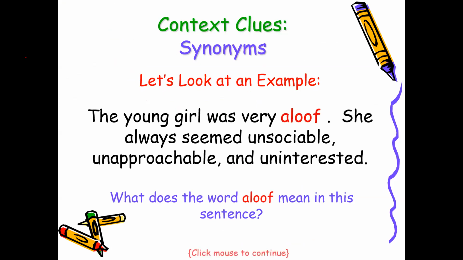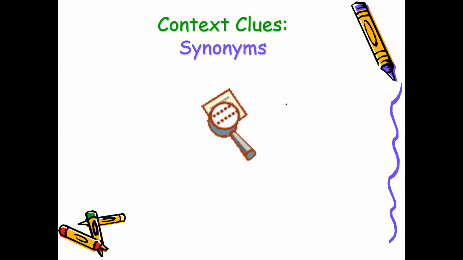So in this example, the word aloof might sound unfamiliar, but if you read the whole sentence, the young girl was very aloof. She always seemed unsociable, unapproachable, and uninterested. When you think about it, you might not know the meaning of the word aloof, but if you look at the next sentence, unsociable, unapproachable, uninterested, basically, these are synonyms to the word aloof.